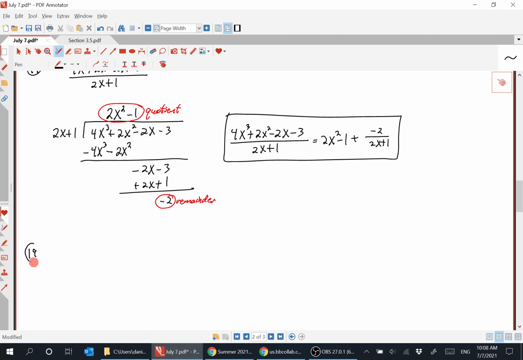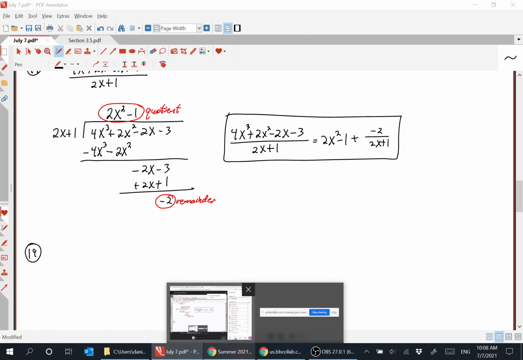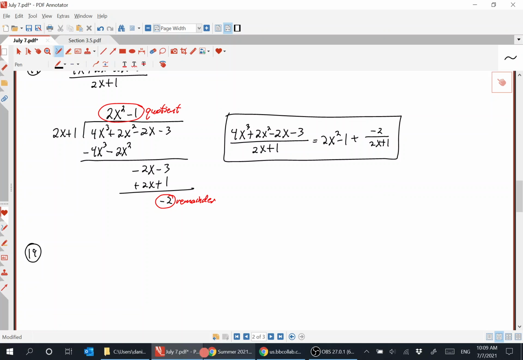So 19. Oops, my book here. So x to the third plus 2x plus 1 divided by x squared minus x plus 3, like that.